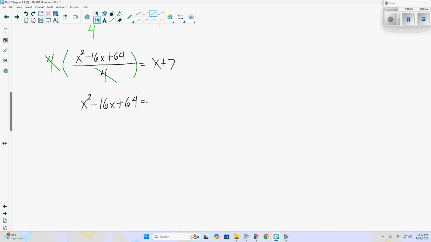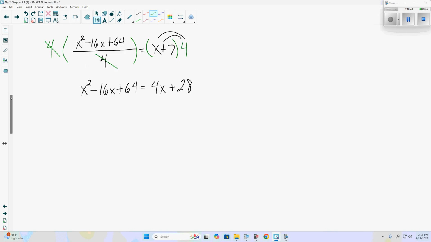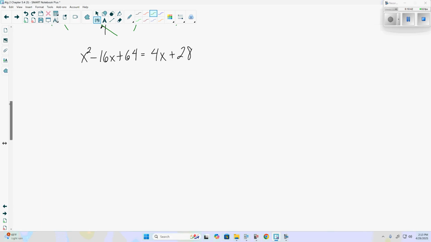But we can't just do this to one side. We have to do it to the other side too, 4 times x plus 7. Because this is scaling it. We're scaling it up so that we don't have that division of 4. We get rid of that and it makes this problem a little bit nicer. You can do this with any problem. Because if we just had decimals across the board, we can multiply by 10 to a power, either 10, 100, 1,000, to remove that decimal or remove that coefficient that is in common.